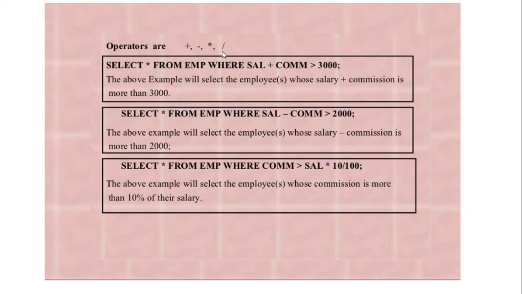These operators can also be applied in update commands in SQL, where you want to perform some calculations on the values existing in the table and then update those values. Suppose you want to update salary by giving some hike, then you can update by using either the plus or the multiplication operator.